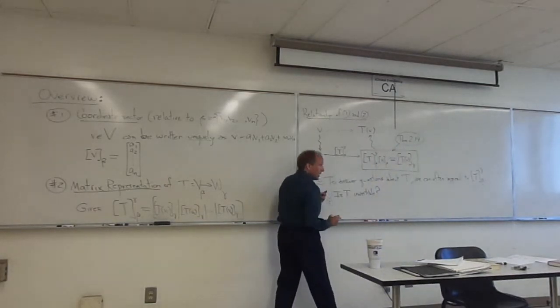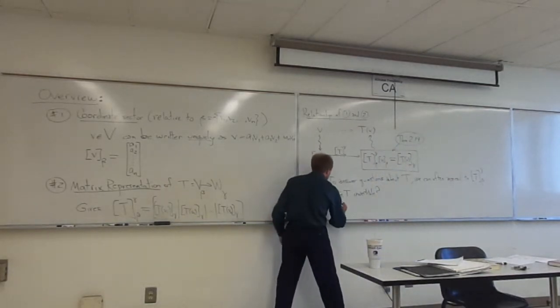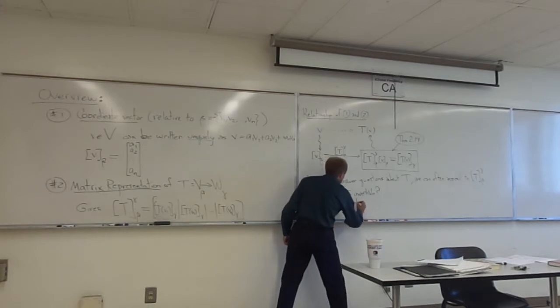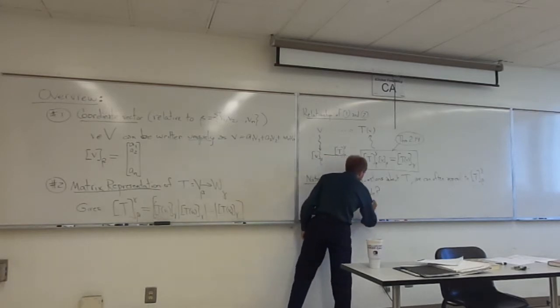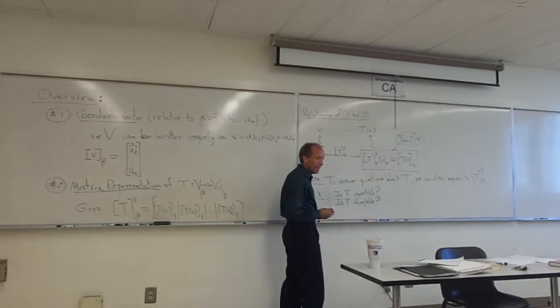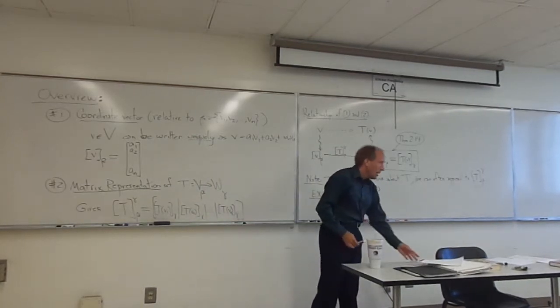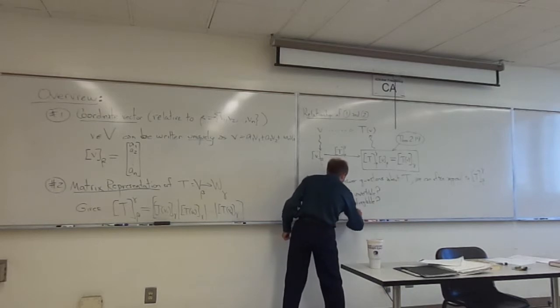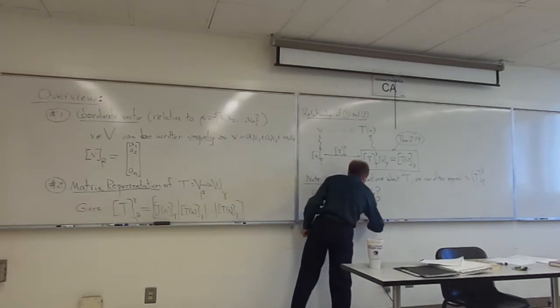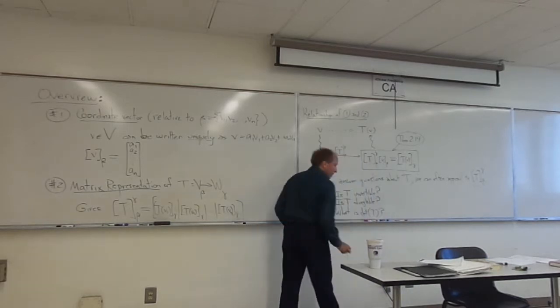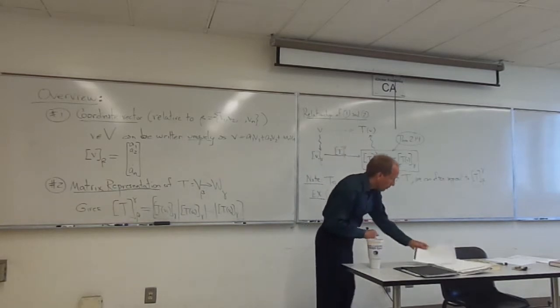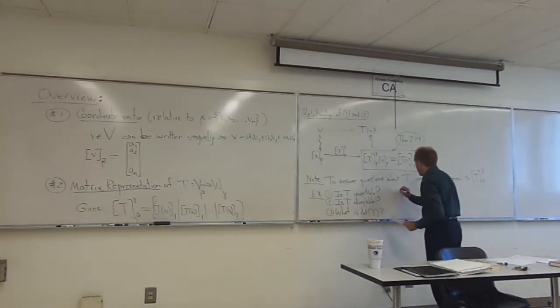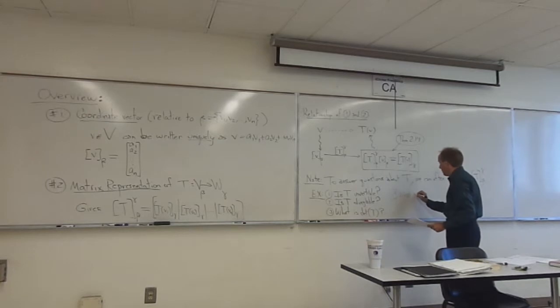Another question that could be answered by using the matrix representation would be, is T diagonalizable? Another one would be, what is the determinant of T? Another one is, what are the eigenvalues of T?